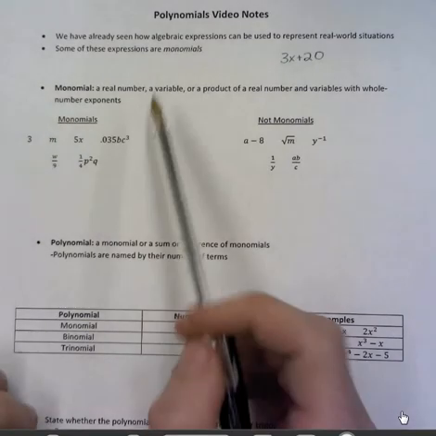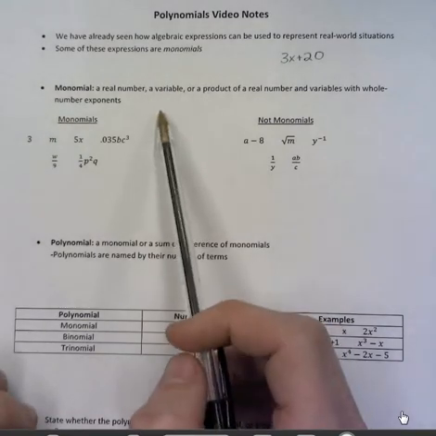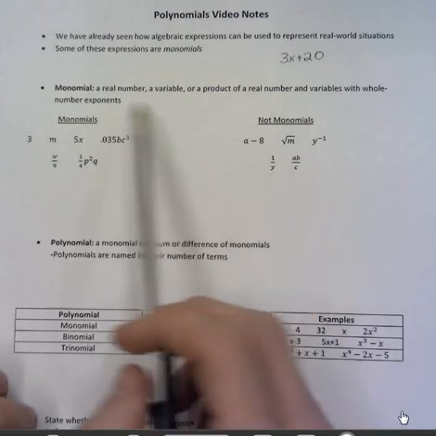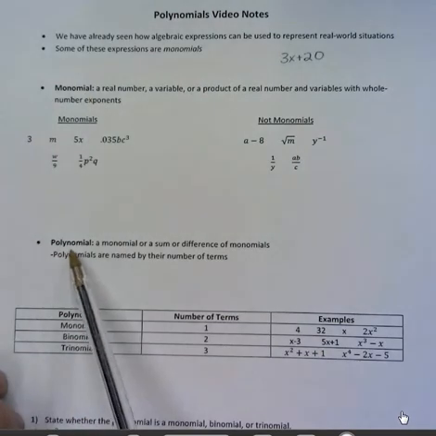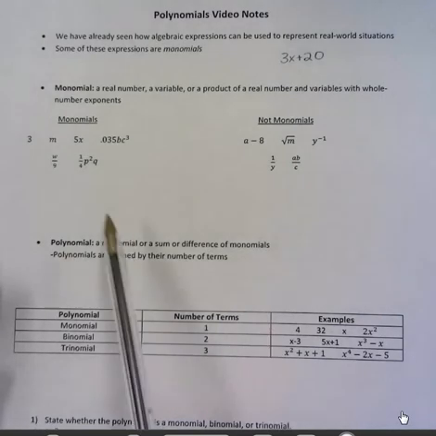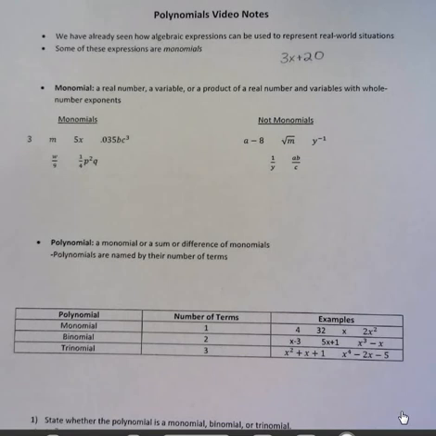Some of these things that we've already dealt with in the past and that we'll deal with in the future are called monomials. Other ones are called polynomials. A monomial has a very specific definition. It is either a real number, so a fraction, a positive number, a negative number, a decimal, any number that is considered to be real.